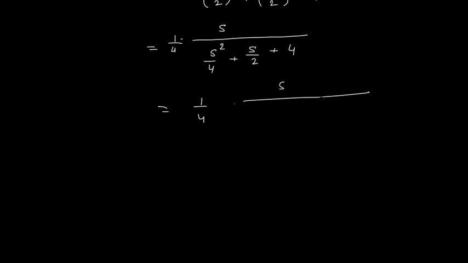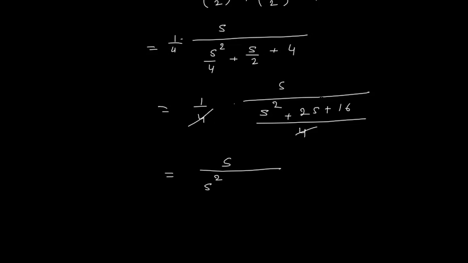We make the denominator the same, so it will be s square plus 2s plus 16, whole divided by 4. So this 4 and this 4 will cancel, and finally this is equal to s upon s square plus 2s plus 16.